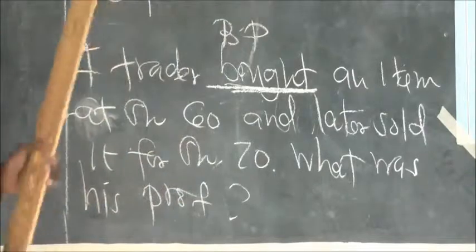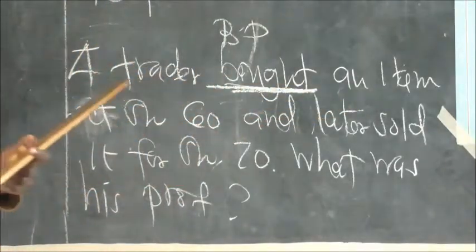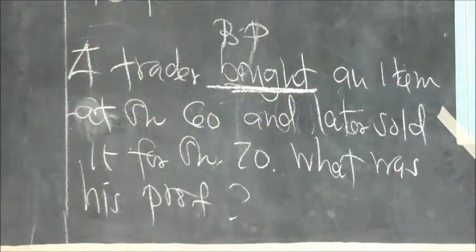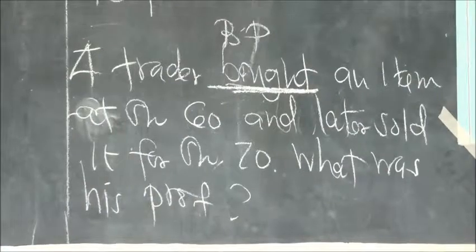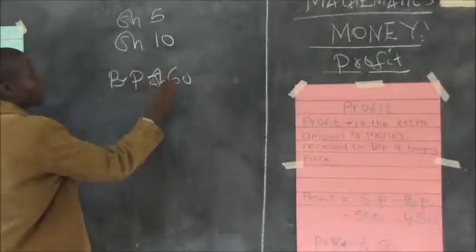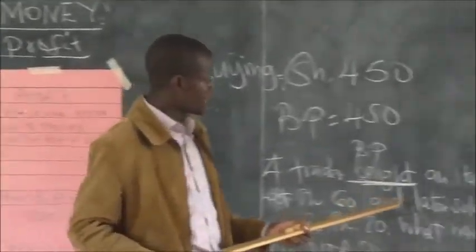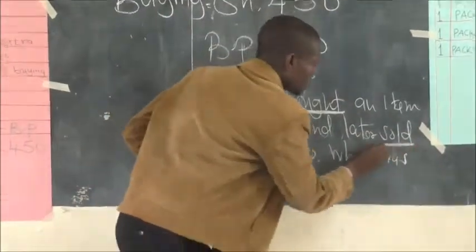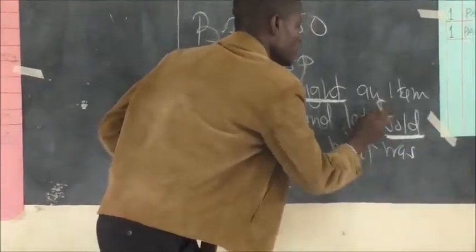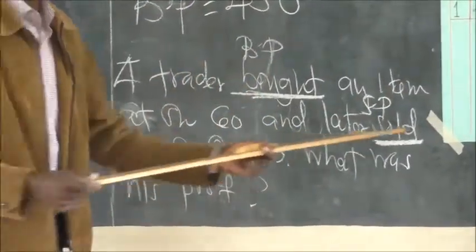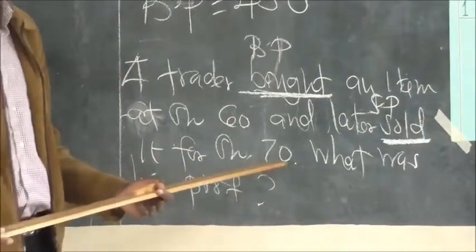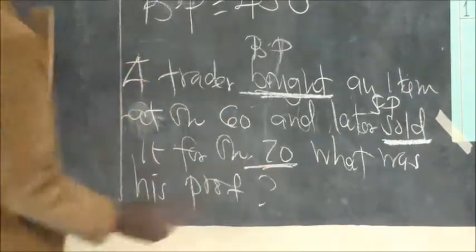So a trader bought an item at 60 shillings. So that is our buying price. In this case, the buying price was 60 shillings. And later sold, so the word sold here refers to the selling price. So he later sold it for 70 shillings. So the 70 shillings here is our selling price.